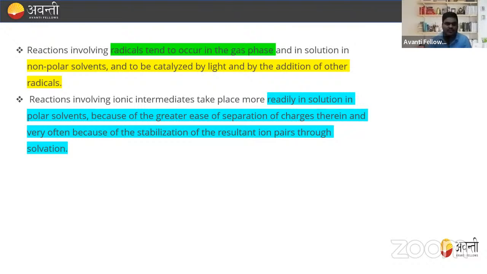Now, reactions involving ionic intermediates take place more readily in solution in polar solvents because of the greater ease of separation of charges there, very often because of the stabilization of the resultant ion pair through solvation.